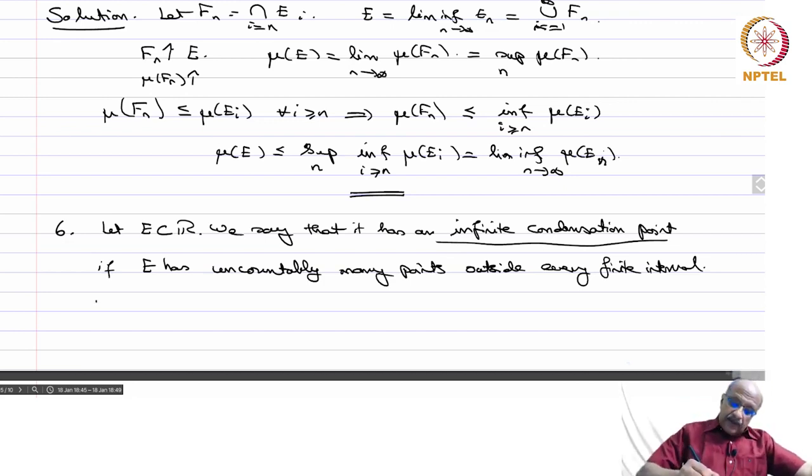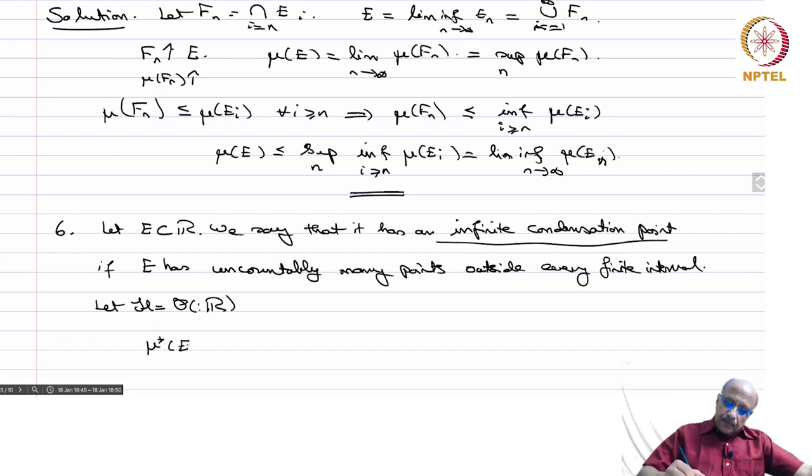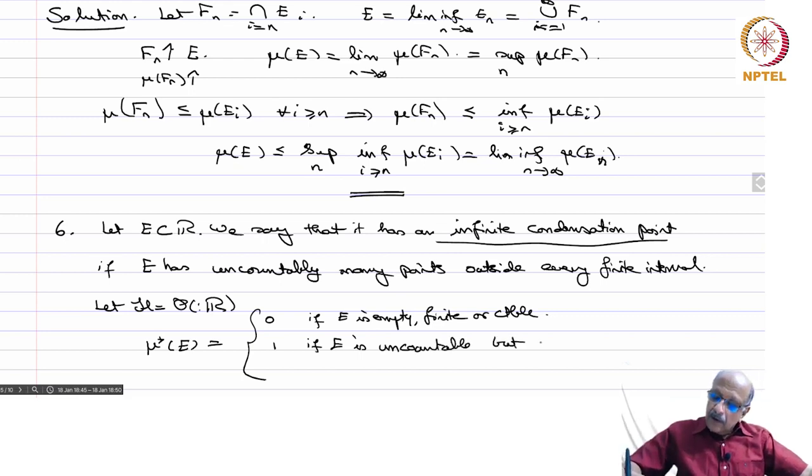Now let H be equal to P of R, the power set of R, and you define mu star of E. This is 0 if E is empty, finite or countable. One if E is uncountable but does not have an infinite condensation point.